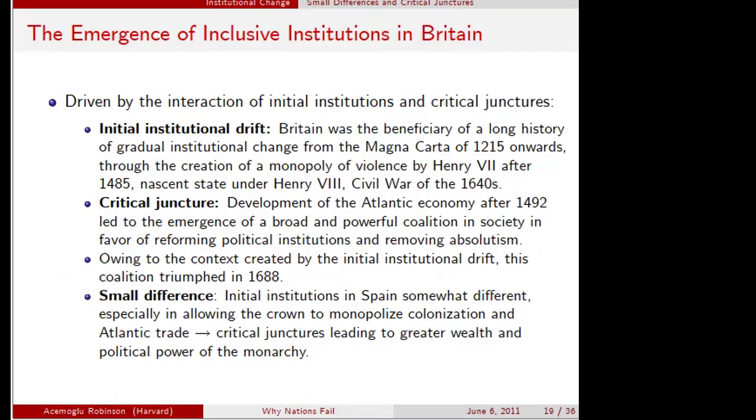But in Spain the crown had monopolized colonization and the Atlantic trade. So the wealth of the Atlantic trade strengthened the Spanish crown rather than creating an independent commercial class that could challenge it. And at the same critical juncture, Atlantic trade, Spain became more absolute.